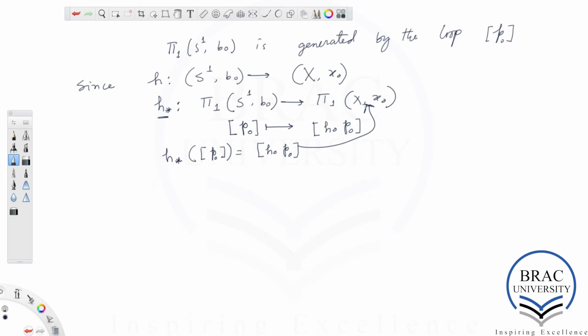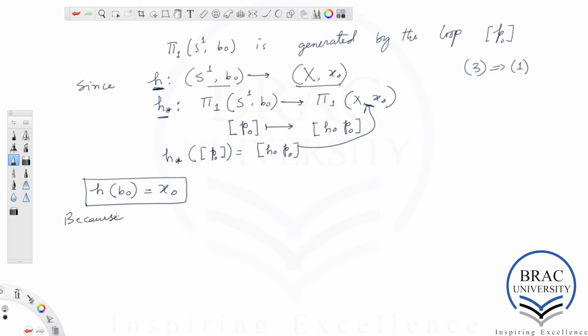So okay, now since this is a based map between these pointed topological spaces, we must have H of b0 equal to x0. Okay, so we are given that. So we are proving 3 implies 1. Which means that we are given that H star is trivial.